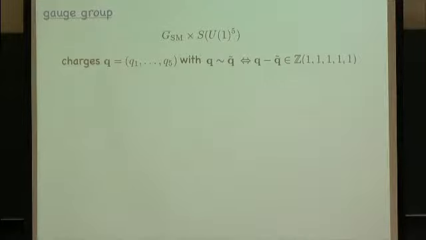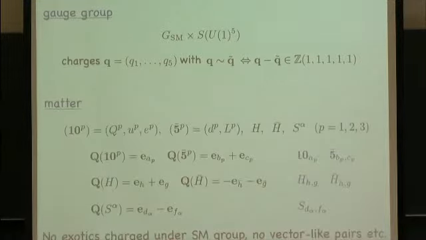So the 4D structure, well, I said the gauge group is the standard model gauge group times these 4 U1s. The charges of these U1s are labeled by 5 integers identified in this way. And then we have 3 families of standard model matter fields, which just for convenience I group into these SU5 multiplets. It's not to say there's an SU5 GUT group.